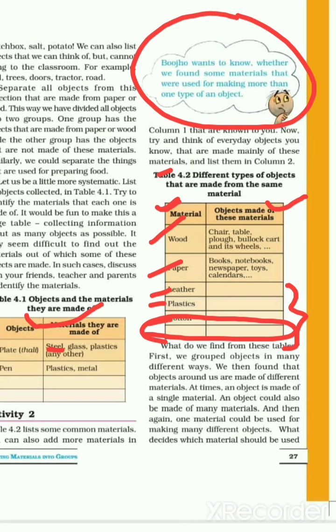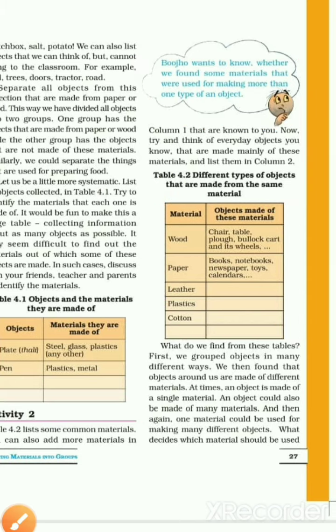Suppose I give wool. With the help of wool, sweater, muffler, shawl, cap we can make. Or suppose clay. With the help of clay, earthen pot, raw houses, chulha, road, utensils, veranda, all these we can make with the help of a single material.